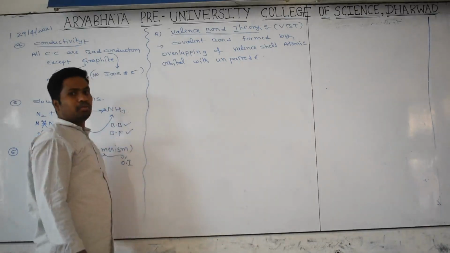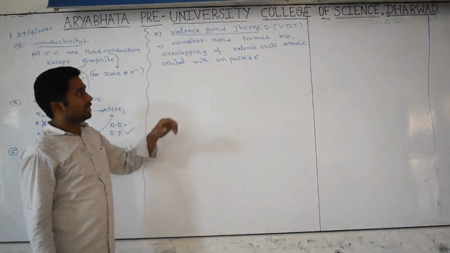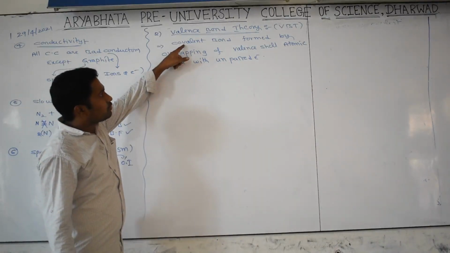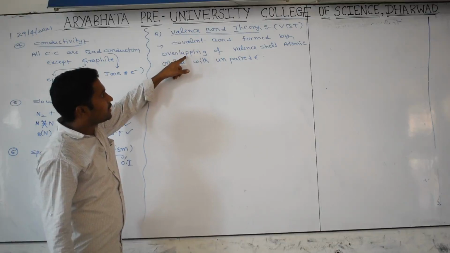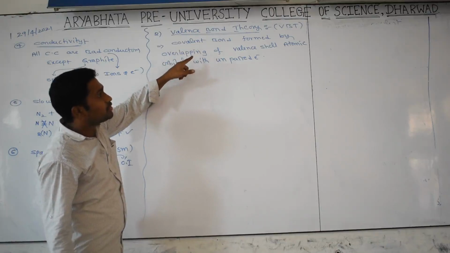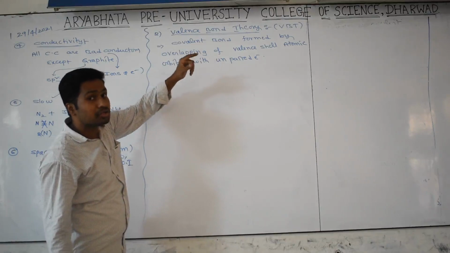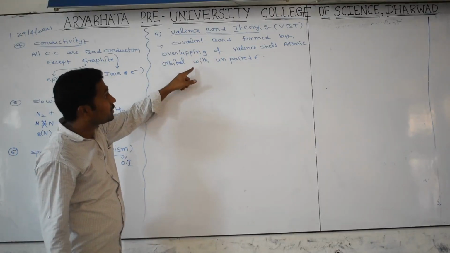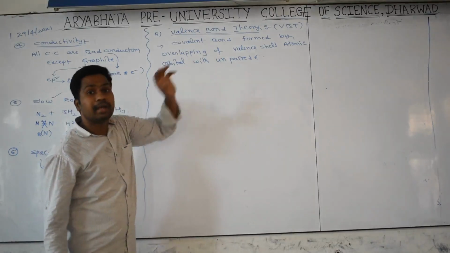It is a very good point. Observe, there are so many conditions. The covalent bond is formed by intermixing or overlapping of valence shell atomic orbitals, valence shell meaning the last shell, which should have an unpaired electron.